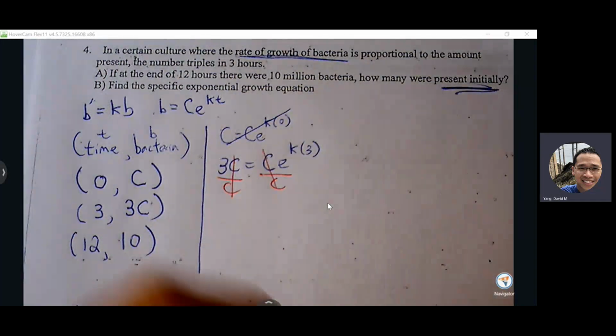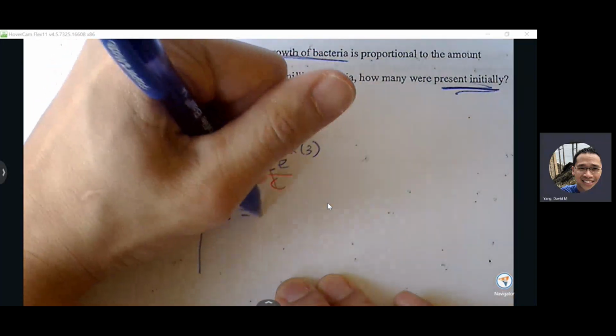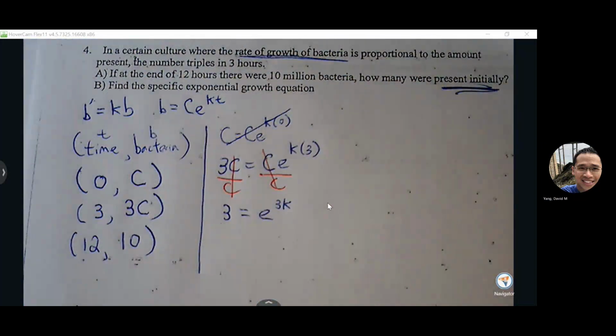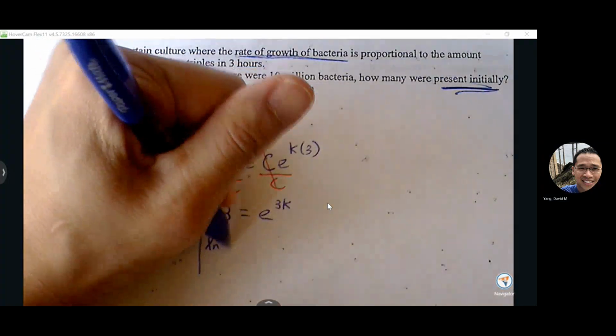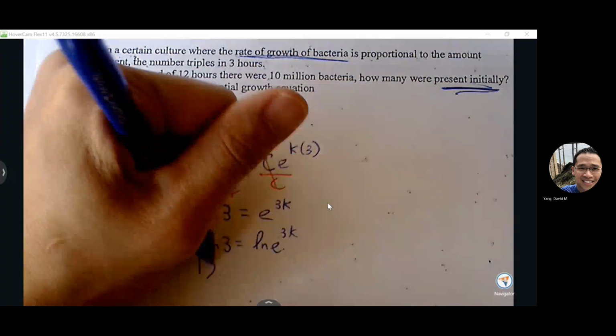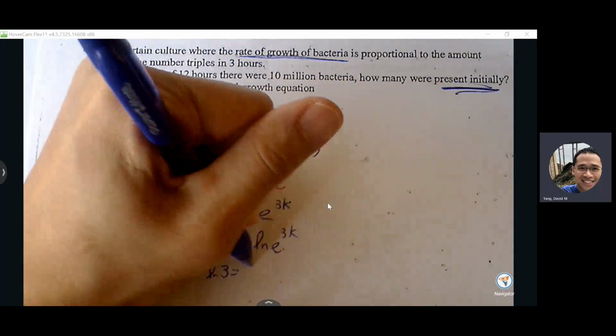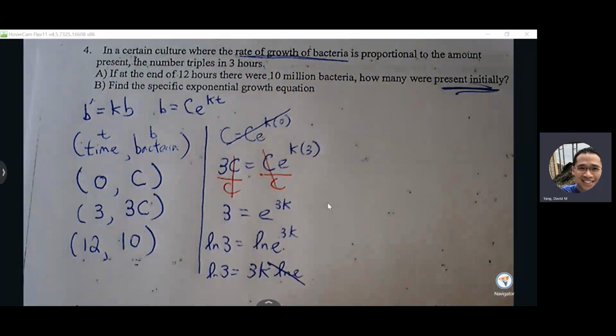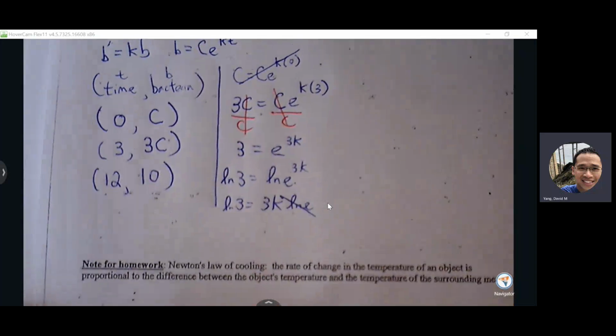Okay, so I'm just left with 3 is equal to e to the 3K. All right. What can I do to both sides? Natural log. Bring that 3K down. Natural log of e goes away. Divide both sides by 3 to solve for K.